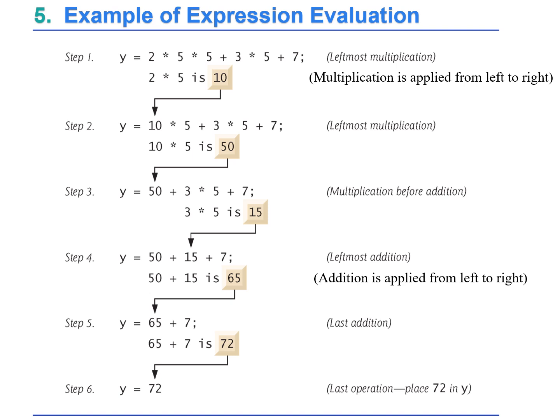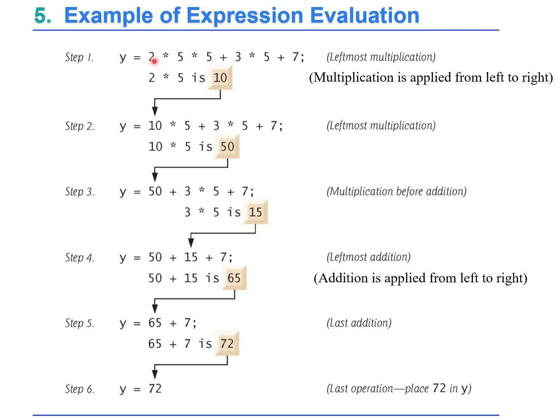This is an example of expression evaluation where the rules of precedence are applied. In this example, we try to evaluate this expression. In this expression, we have three multiplications and two additions, and they are combined in different ways.